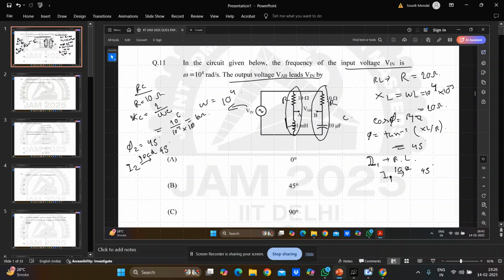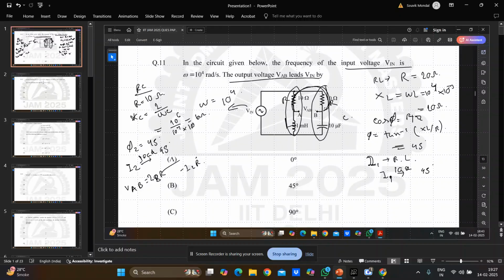Okay. Now what is VAB? If you go around this loop, VAB basically is I2R minus I1R. This is the current flowing here, and current flowing here. Okay.